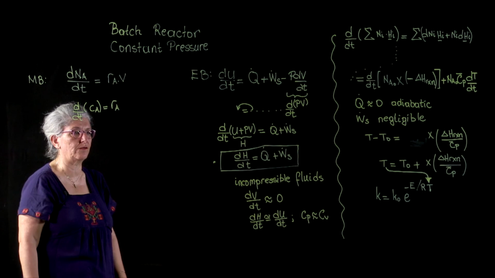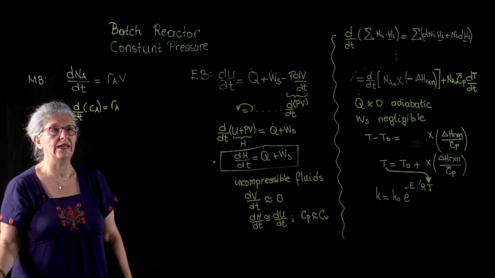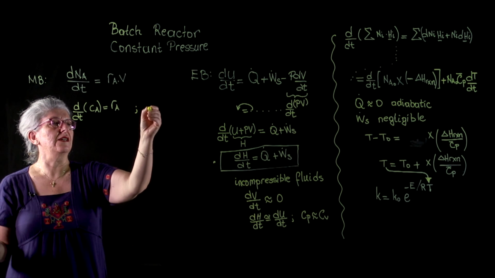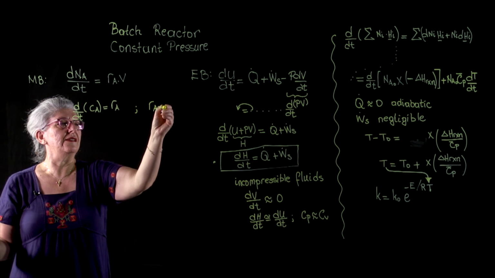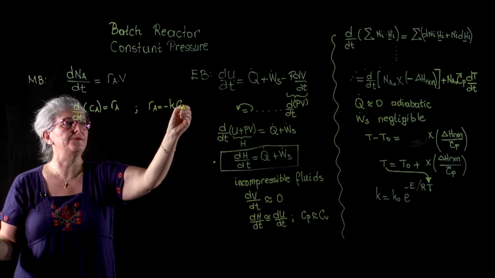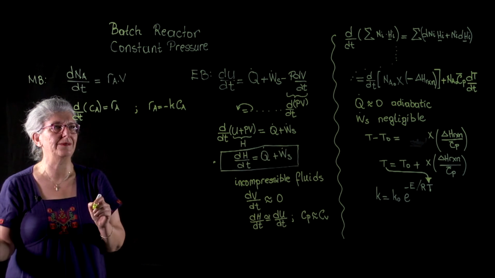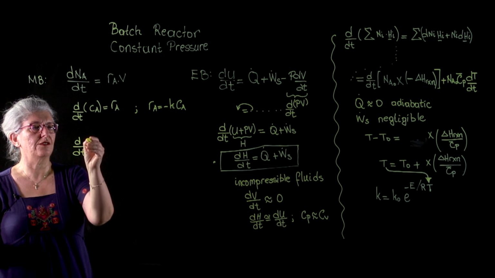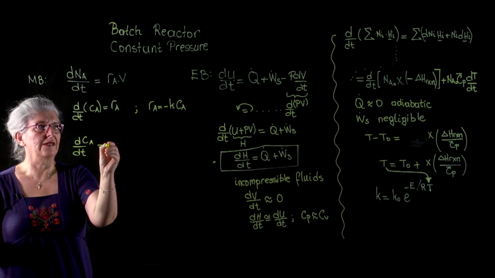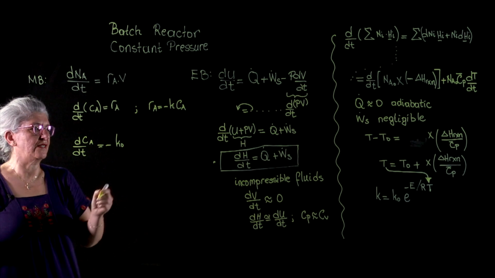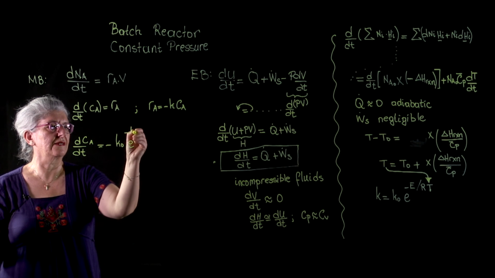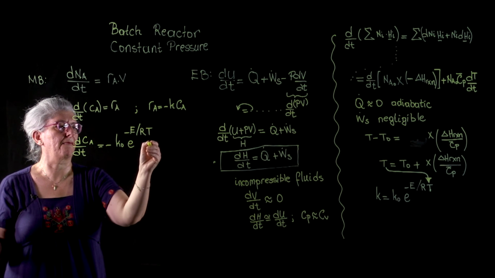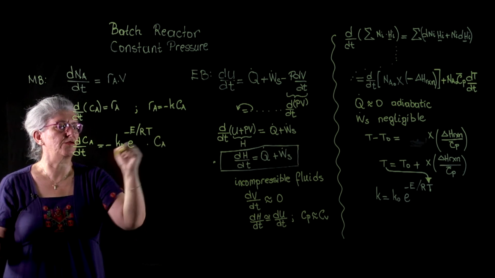We are working for the incompressible fluid condition, and for the incompressible fluid, for a pseudo first order reaction, Ra is minus k times Ca, and our time progression of this reaction for a batch reactor takes this form.